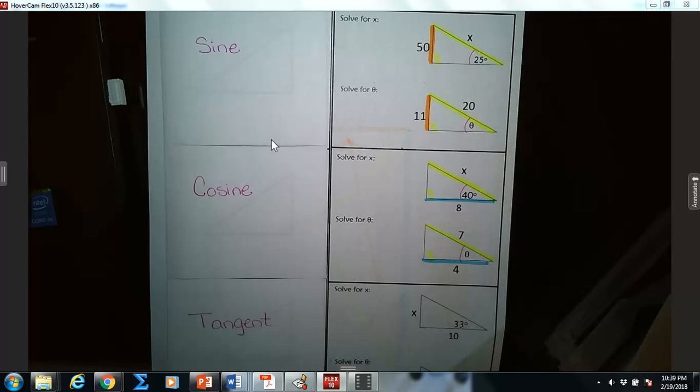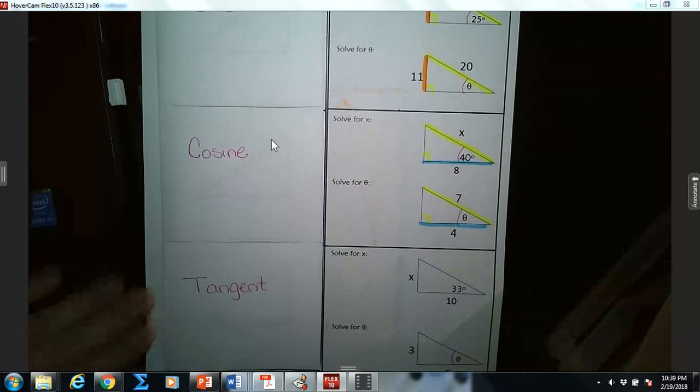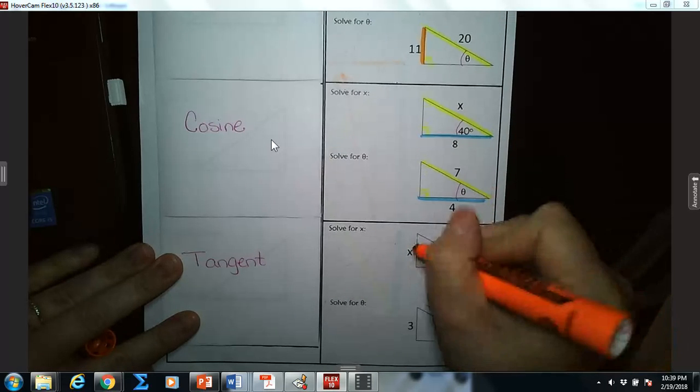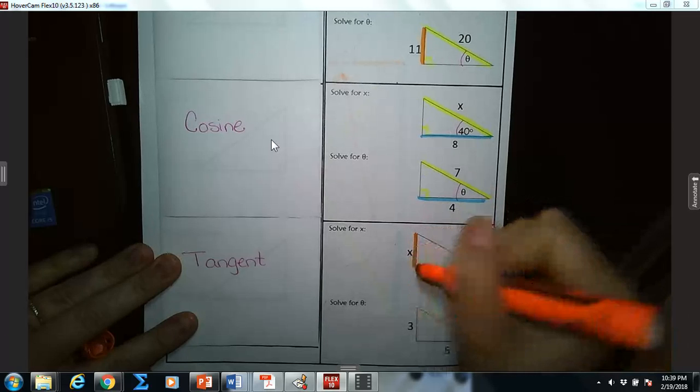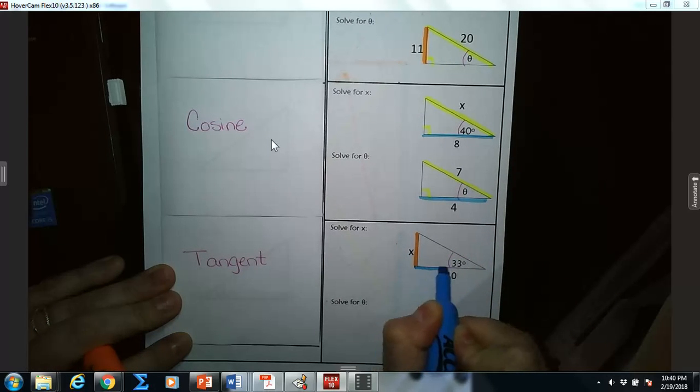And then there's one more combination, okay? The third combination is we aren't given the hypotenuse at all, and we're not being asked for the hypotenuse at all. Instead, we're working on problems that have an opposite side, a leg that's opposite of the angle of perspective, as well as an adjacent side that's connected to the angle of perspective.